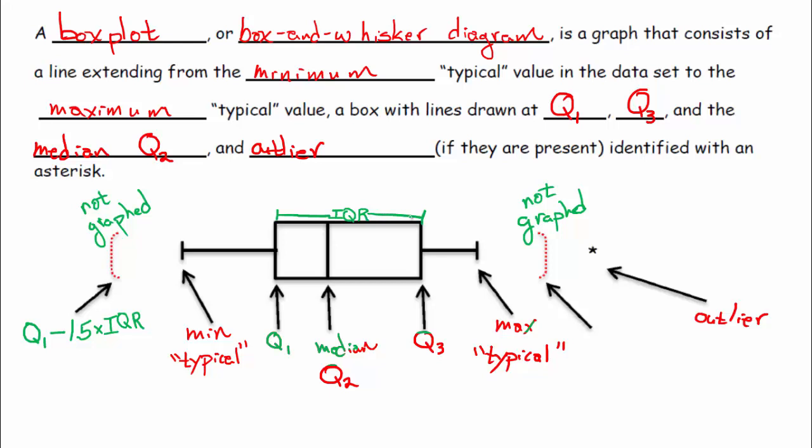Alright, and then similarly our upper fence, we're going to start at Q3 now. Alright, and I'm going to go up, denoted by adding 1.5 times the interquartile range. Okay, so I would start here and then go up 1.5 times the interquartile range, and if I had a datum larger than this, I would denote it with an asterisk. That would be our rule for determining whether we have an outlier.